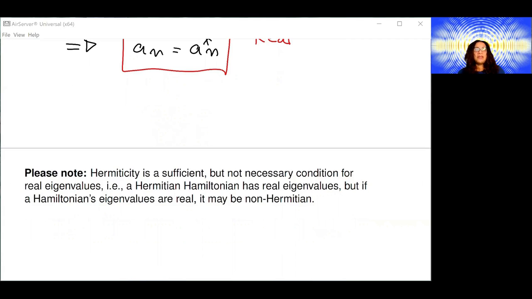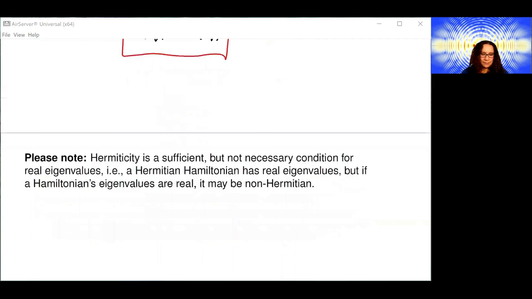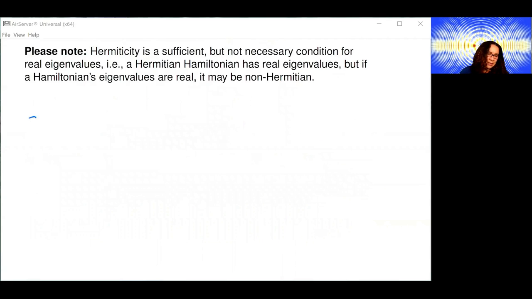Now, we're going to talk about something else, which is related to measurement and is a very important property, especially if we're talking about Hermitian operators. And this is what we call spectral decomposition.